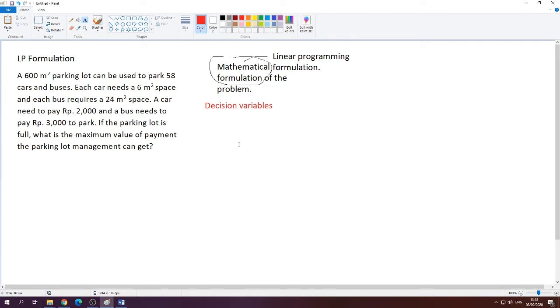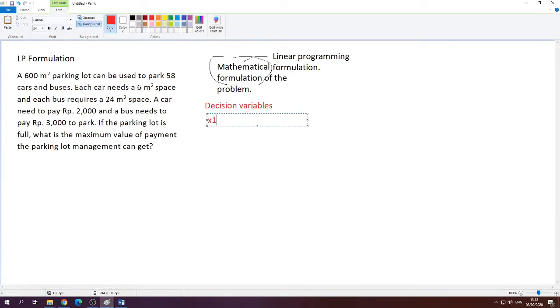So we need to define the decision variables of the problem. Now, from this problem, it is very easy to see that we're going to have two decision variables. Number one, we call it x1, and x1 means the number of cars to be parked.